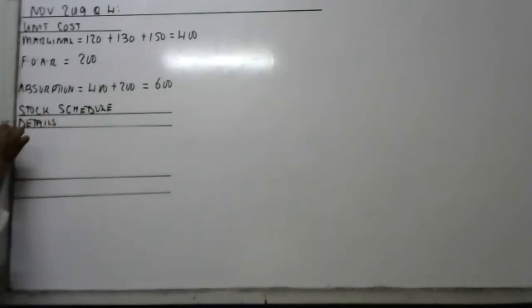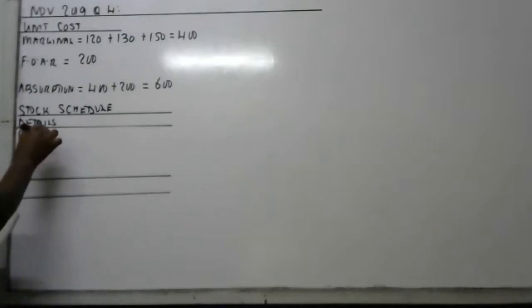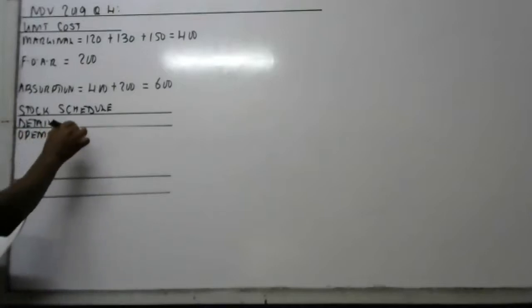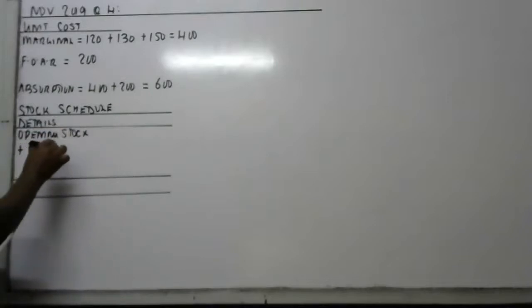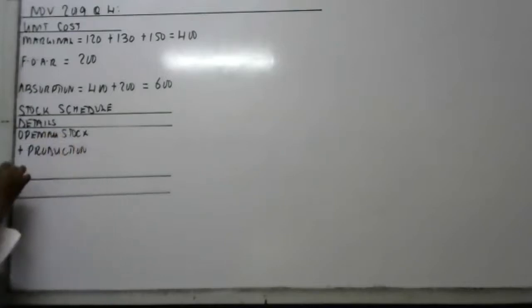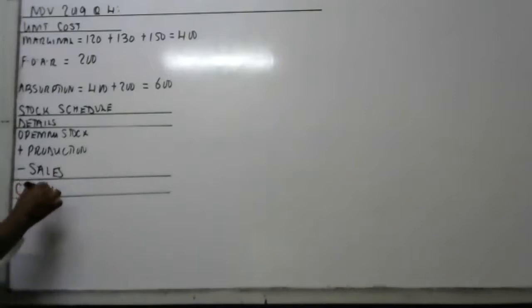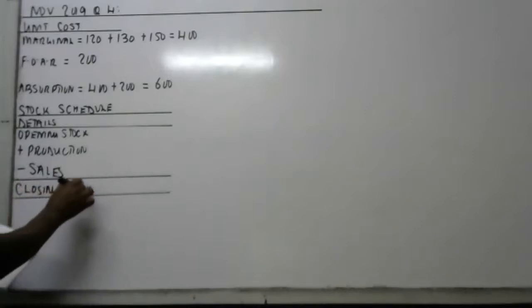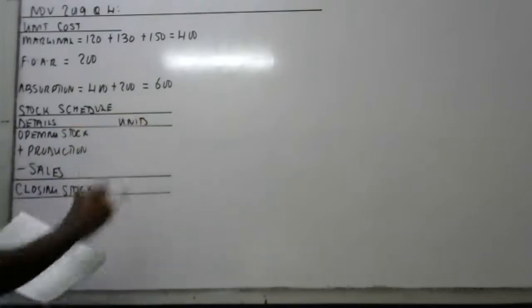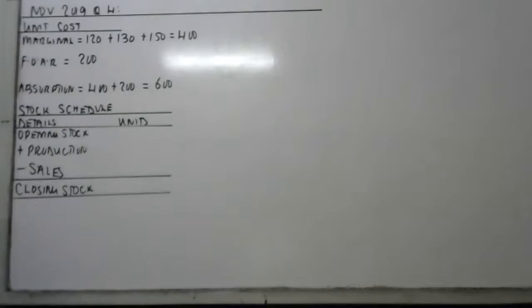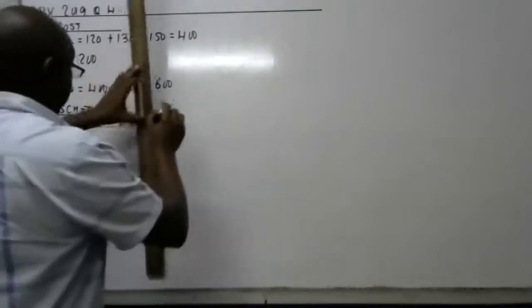And in the details, we begin with opening stock. You add production. You less sales so that you get closing stock. And then here we have units.